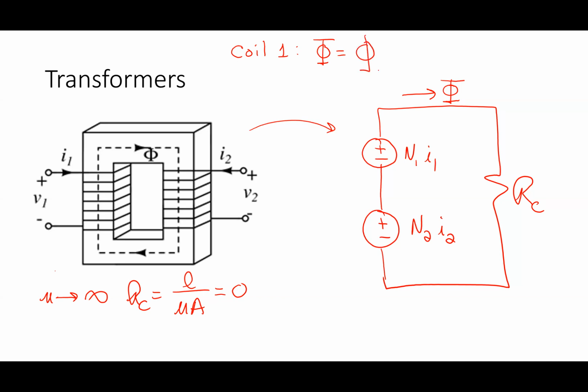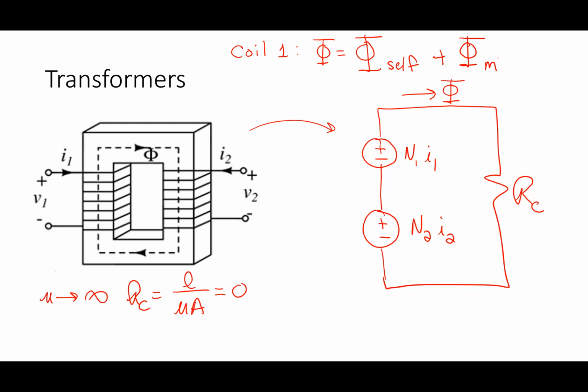Basically, I said that this guy had a phi self and a phi, what's the other term? Mutual, yeah. A mutual and a self term, all right? The self term comes from itself, right? So coil 1 makes the self flux in coil 1. And the mutual flux comes from the other coil, right? So basically, that's our way of thinking about it.